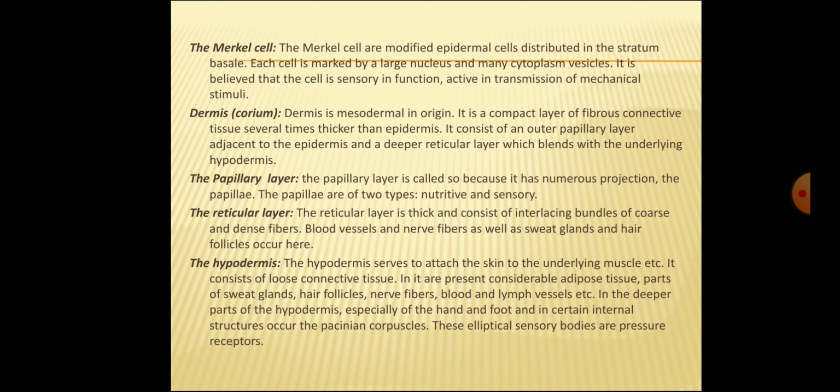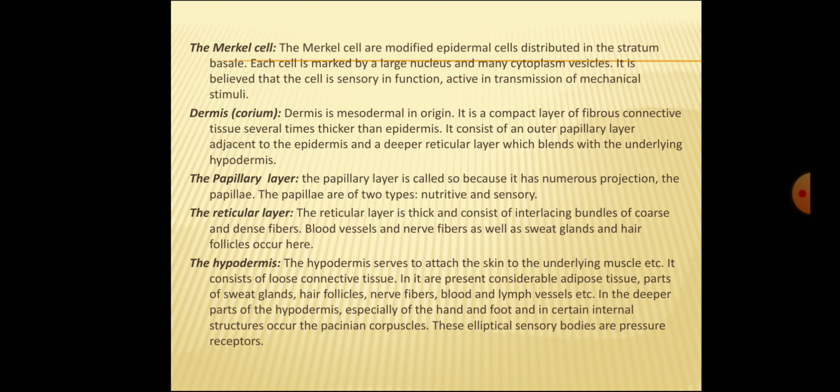The papillary layer is called so because it has numerous projections, the papillae, which interdigitate with inpushings or pegs of the stratum germinativum. The papillae are of two types, nutritive and sensory. The former contain capillary loops, the latter possess specialized receptor organs called the tactile corpuscles of Meissner.